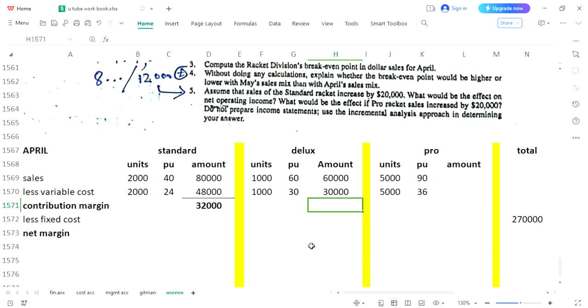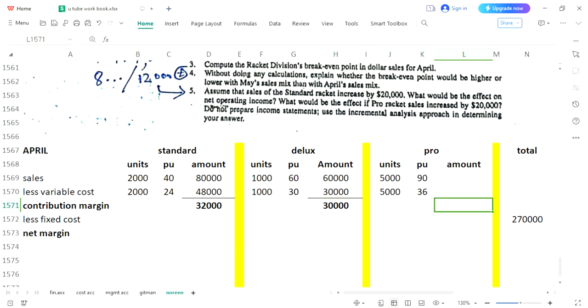So we have got variable cost. Now we can calculate individual contribution margin of deluxe by subtracting variable cost from sales. Amount of sale is 60,000. To calculate the difference, we will subtract variable cost, which is 30,000. The difference of sales and variable cost is contribution margin. So contribution margin for second product deluxe has been calculated.